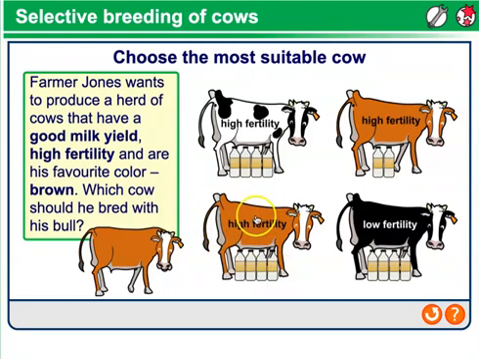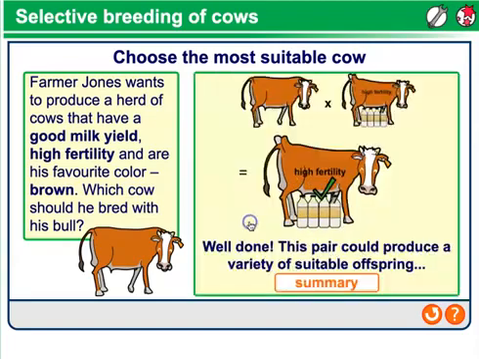This cow has high fertility, a large milk yield, and it's his favorite color. Breeding the bull with this cow would create an offspring that also has high fertility and a substantial milk yield.